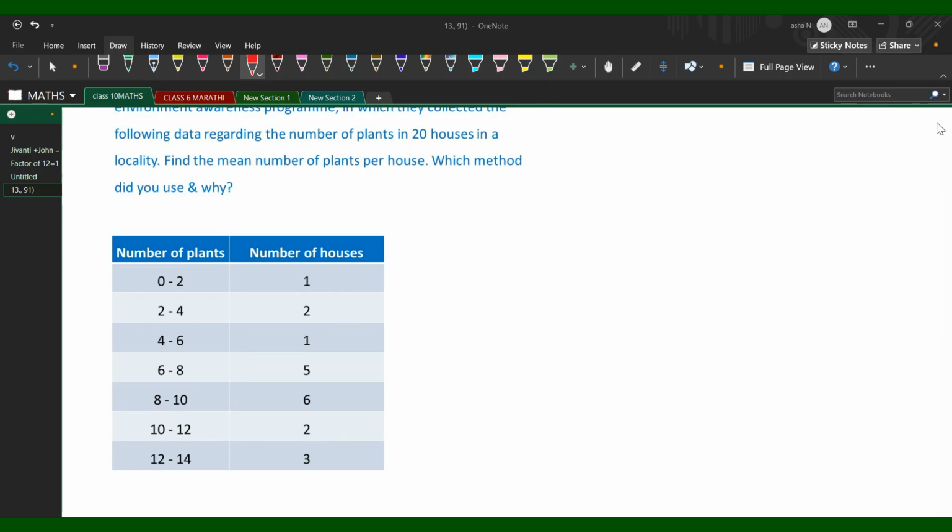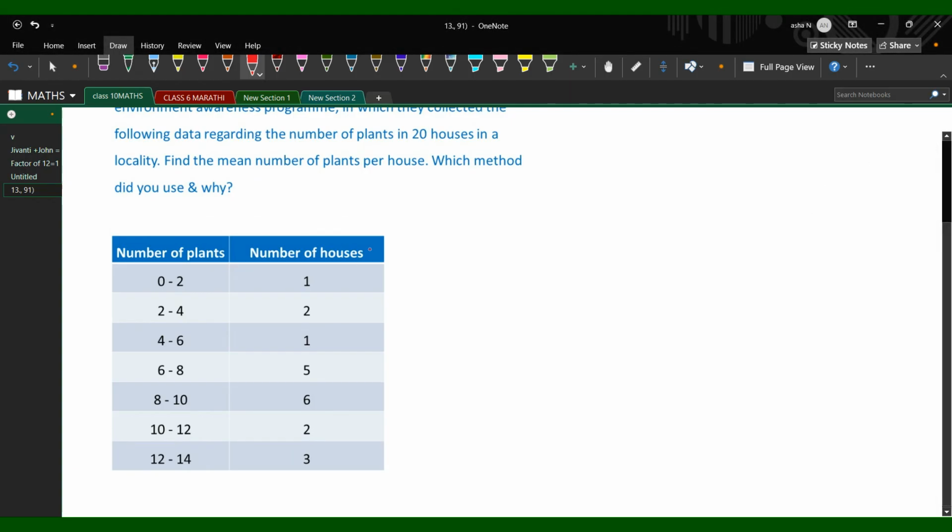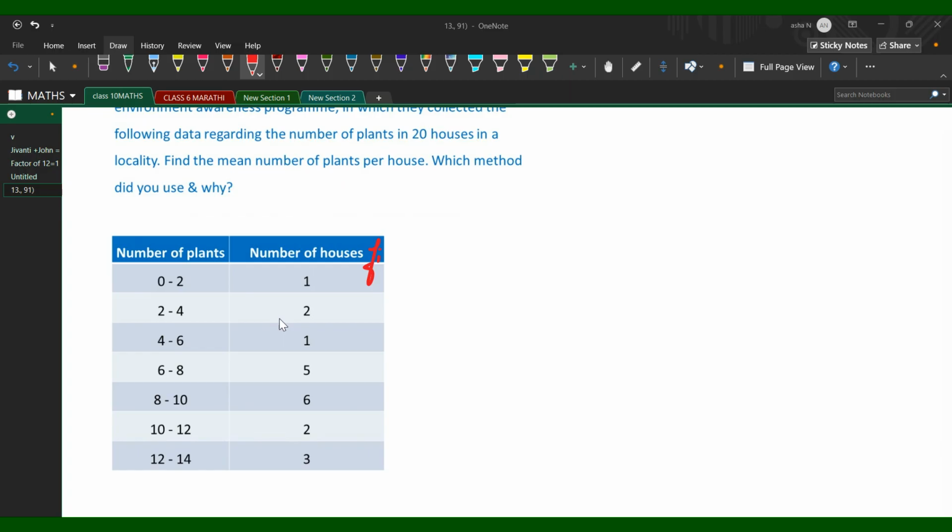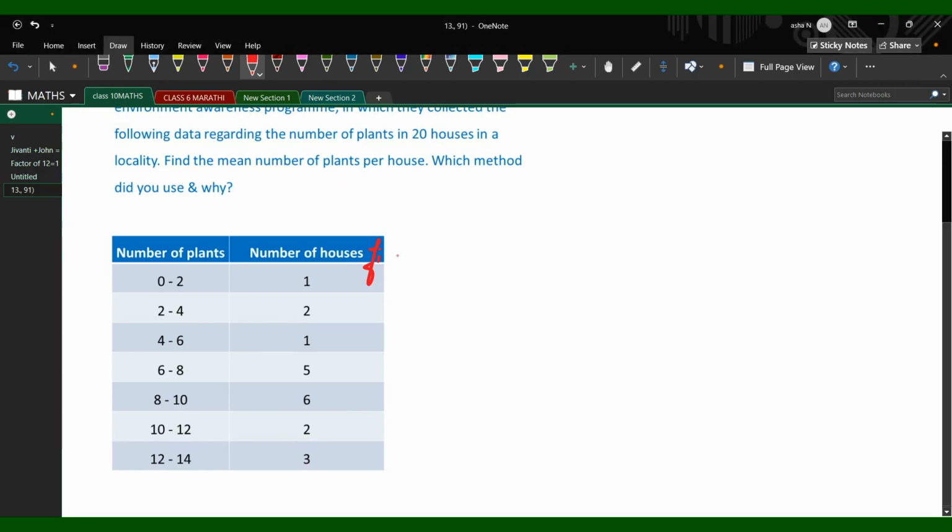So we have to make more columns here. First, this is frequency, the number of houses. So we will write f of i, or frequency f. Then we will write down the class marks, that is x. For the first one, we will take 0 plus 2, because it is 0 to 2, divided by 2, which gives you the answer 1.